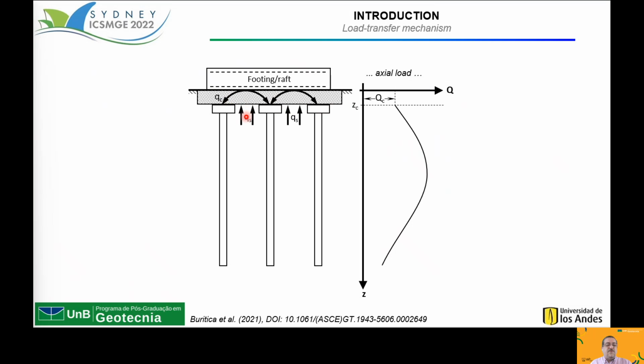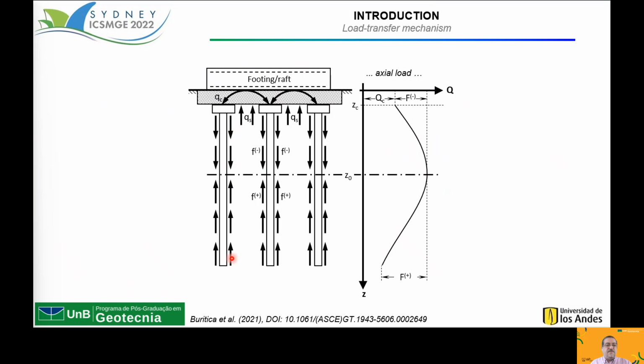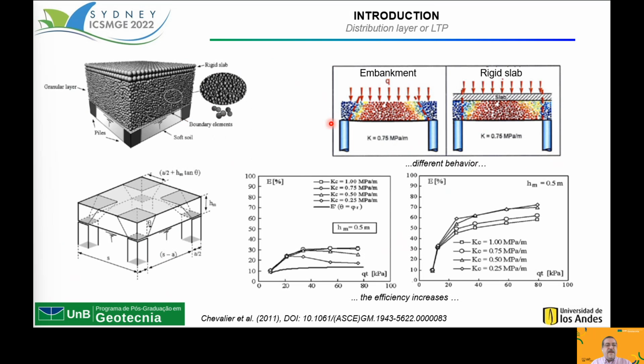Some of this load goes to the reinforced soil and is also transmitted to the inclusion shaft by negative skin friction. Then the reaction of the soil is with the positive skin friction and the tip load. This part of the research focuses on the interaction between the footing or the raft, the soil transfer platform and the inclusion caps.